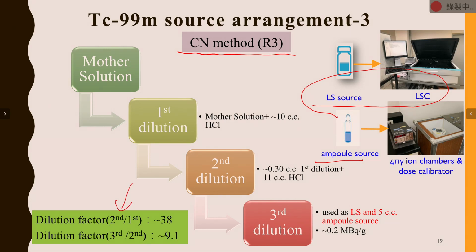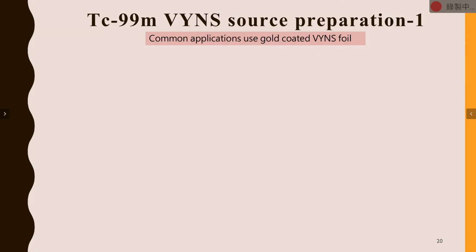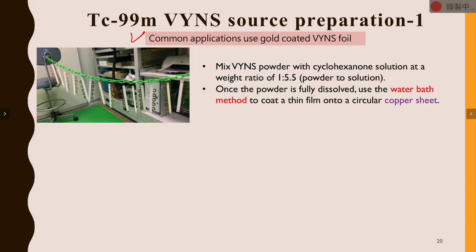And the backing of the radioactive sources used to measure charged particles must be homogeneous, chemically and mechanically stable, and electrically conductive. So a common application uses gold-coated VYNS foil. And this is the VYNS source preparation. First, we prepare the VYNS solution.